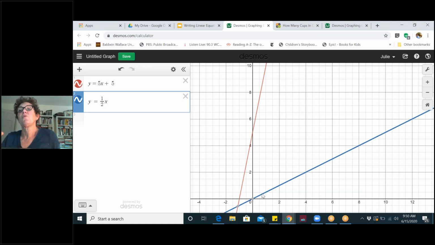If I don't put a y-intercept in, it goes to 0, which is what it should do. And then my slope is 1/2, so I'm going up 1 over 2, up 1 over 2, up 1 over 2. And that's my slope, 1/2.